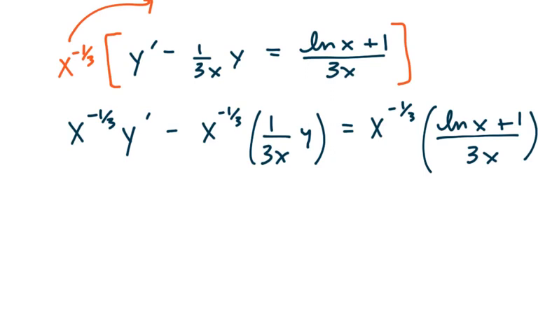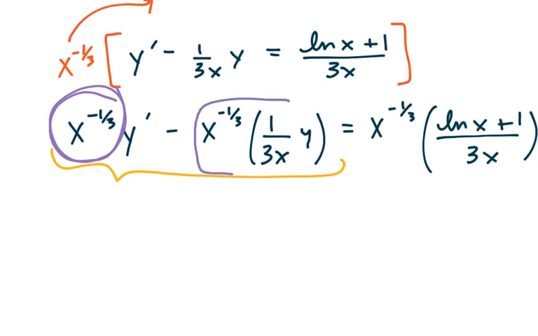So on the left side of the equation here, now we have the reverse of the product rule. And so if you were to take the derivative of this, you would end up with that. And since we know that x to the negative 1/3 would give me the derivative here, we can now say on our left side, this is the same as d dx of the product of the x function and y.